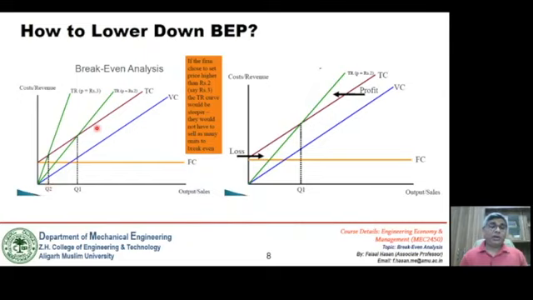The second way to reduce the break-even point is to reduce the total cost, and this in turn can be done if we reduce the variable cost component in the total cost. Once the break-even point is reduced, we will have a larger region associated with profit and a smaller region associated with loss.